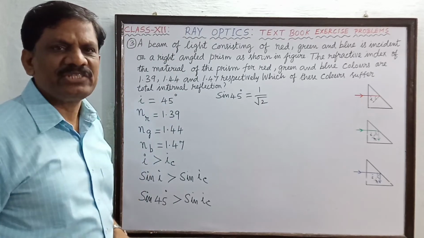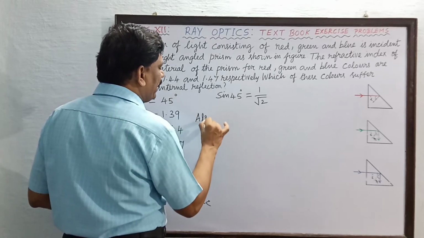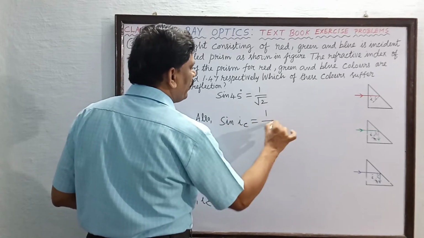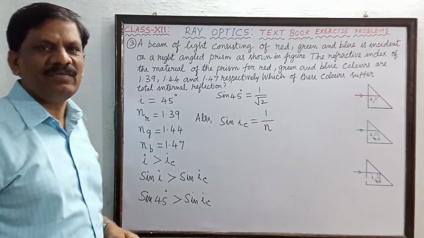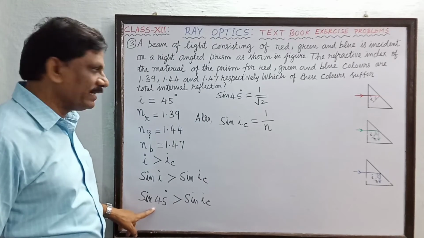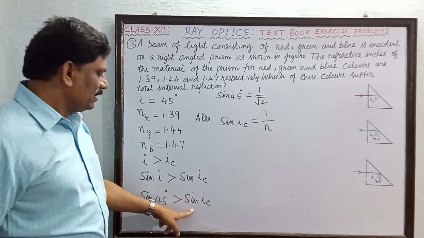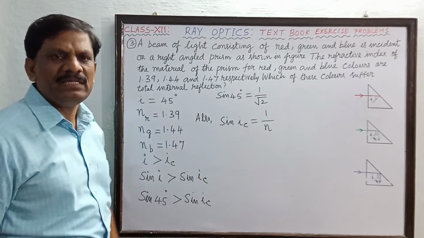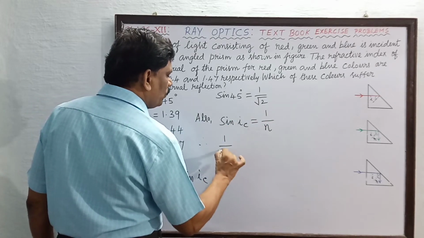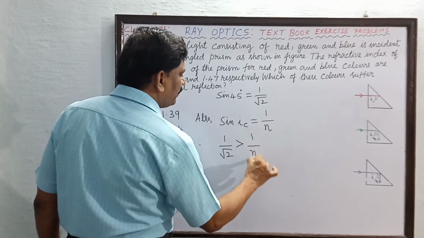What is the relationship between critical angle and the refractive index? The relationship between the critical angle and the refractive index is sine of critical angle is equal to 1 by n. We have derived this condition in total internal reflection. So on the left hand side, in place of sine 45, I substitute 1 by root 2. And on the right hand side, by formula, sine of i c is equal to 1 by n. So the left side, 1 by root 2, must be greater than 1 by n.